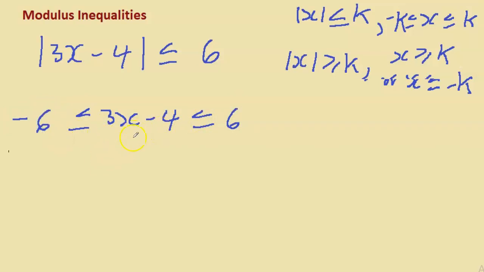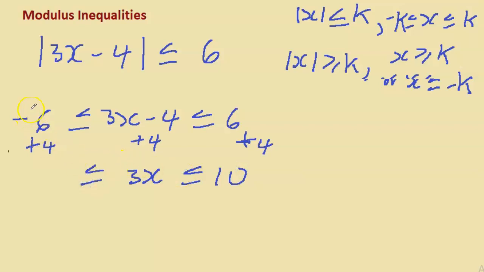And then the aim is to get the x by itself. So we can add 4 to each section. What we end up with is 3x, because negative 4 cancels positive 4. 6 and 4, that's 10. Negative 6 and positive 4, that's minus 2.